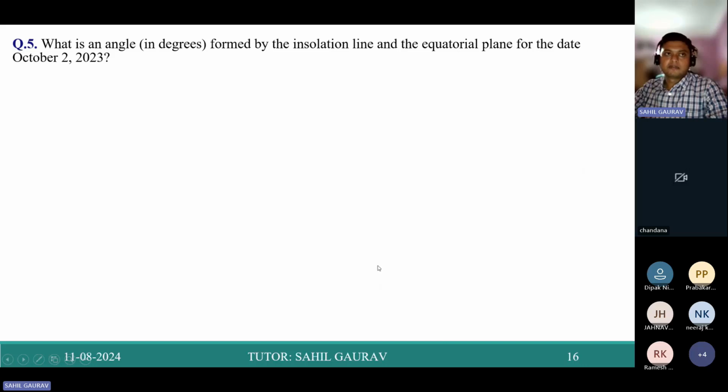The next problem is: what is the angle in degrees formed by the insolation line and the equatorial plane for the date October 2, 2023?